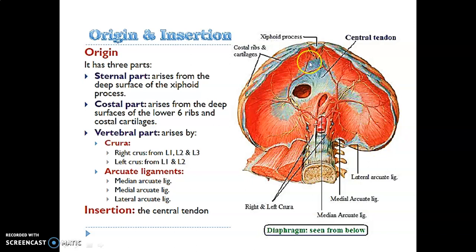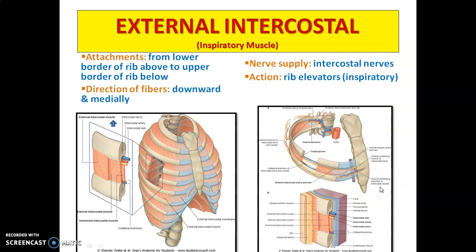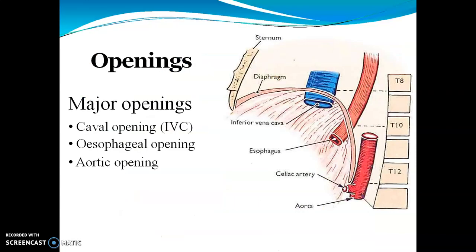Insertion: all these muscle fibers converge at the center to form an aponeurotic part, which we call the central tendon. Coming to the openings of the diaphragm, there are major openings at the levels of T8, T10 and T12. T8 is for the inferior vena cava, T10 is for the esophagus, and T12 is for the aorta. There are also some minor openings for the passage of the sympathetic trunk, azygos vein, etc.